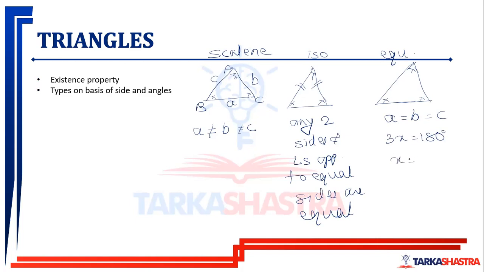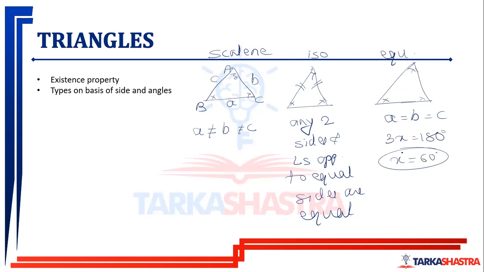That means each individual angle of an equilateral triangle will measure 60 degrees. Correct? These are some very basic properties of a triangle.